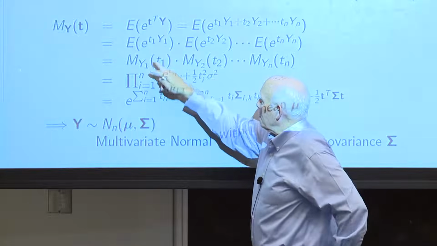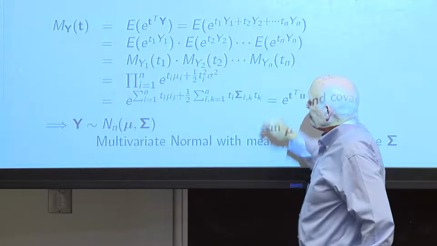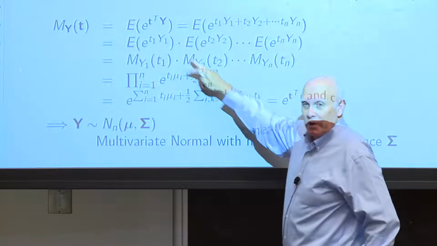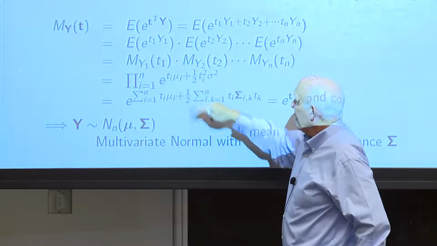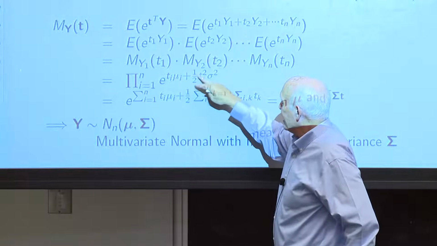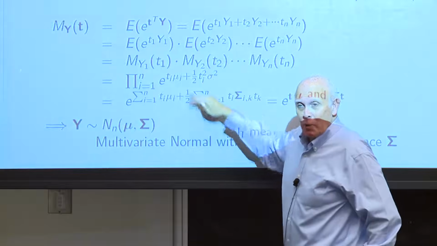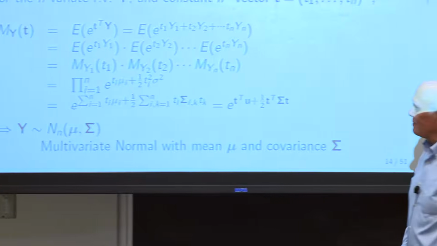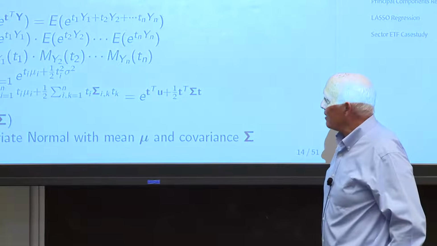So we're going to use that independence property where expectations of products are products of the expectations. And then for each of the y's, we can plug in the moment generating function for each y_i, and that's e to the t_i mu_i plus a half t_i squared sigma squared. We went through this moment generating function in our section on probability theory.